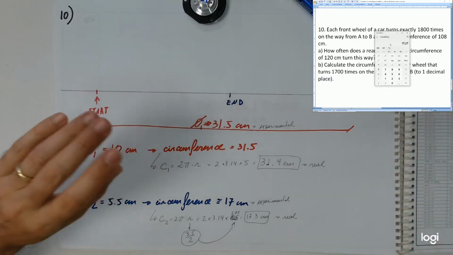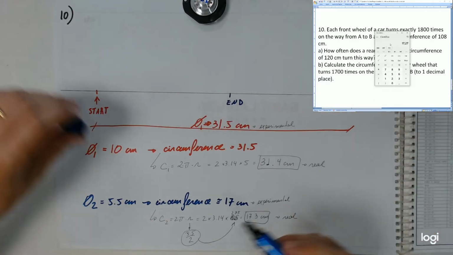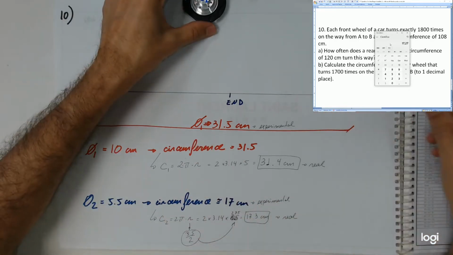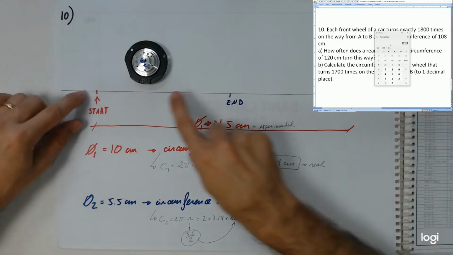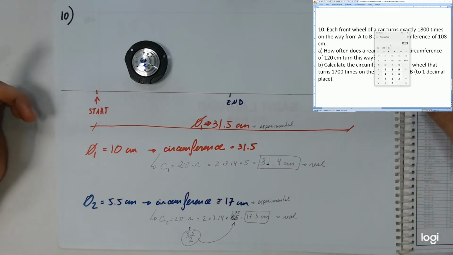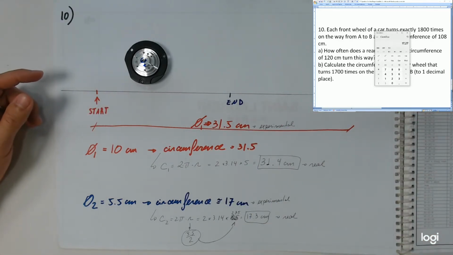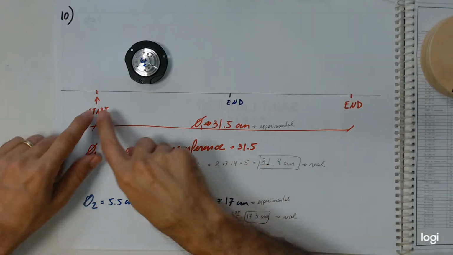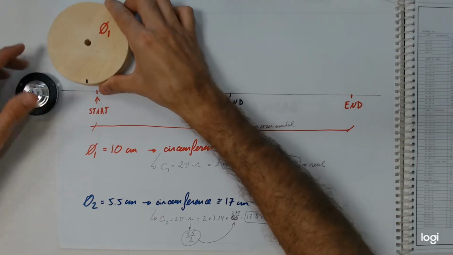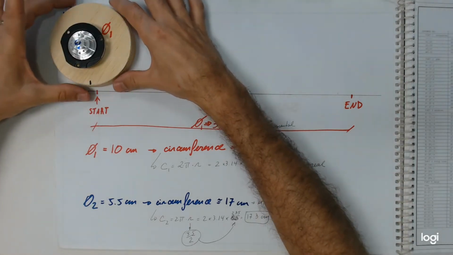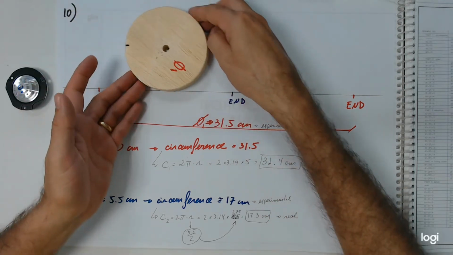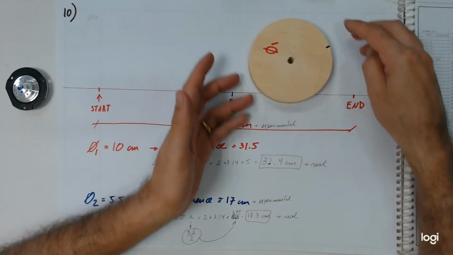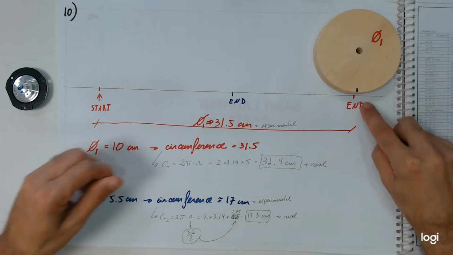What is the meaning of all this, Vera? The meaning of this is this. The larger the wheel, the farther it goes, because for one turn, look here, it is going to take longer.